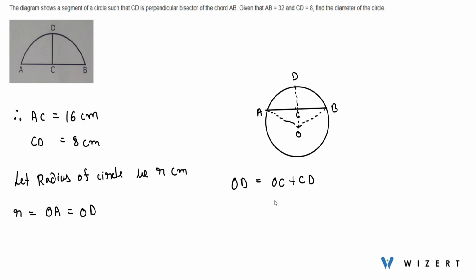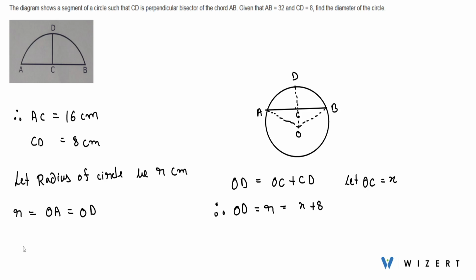So what we can do is consider OC as X. So let OC equal X. Therefore OD, which is equal to R, will be equal to OC, which is X, plus CD, which is 8. So R is equal to X plus 8.